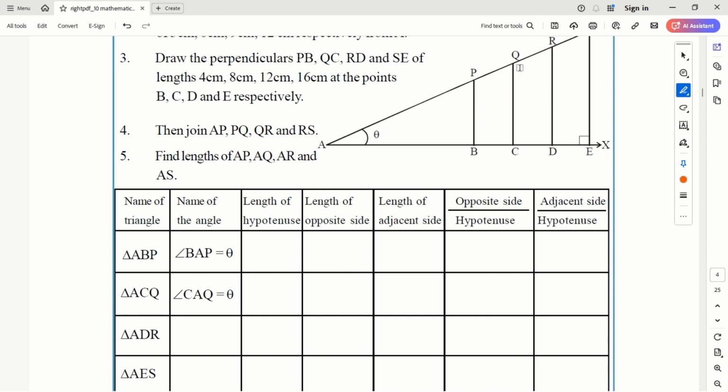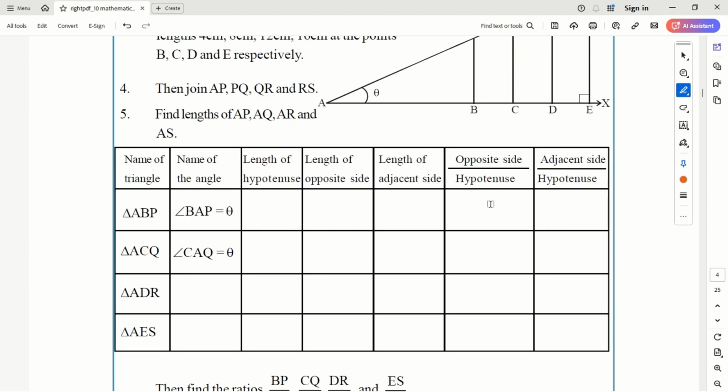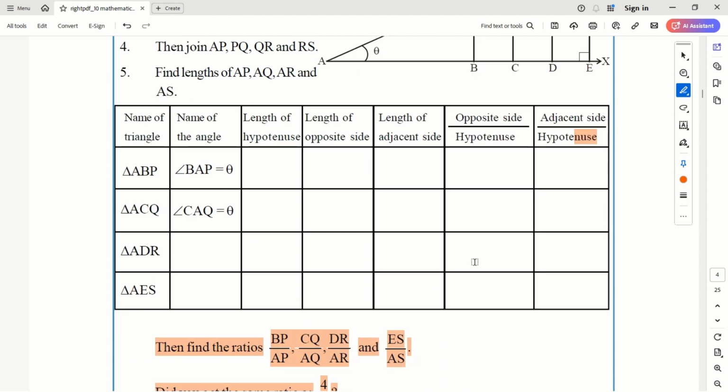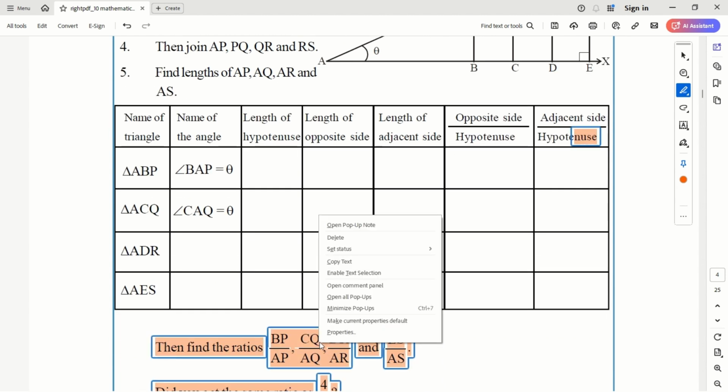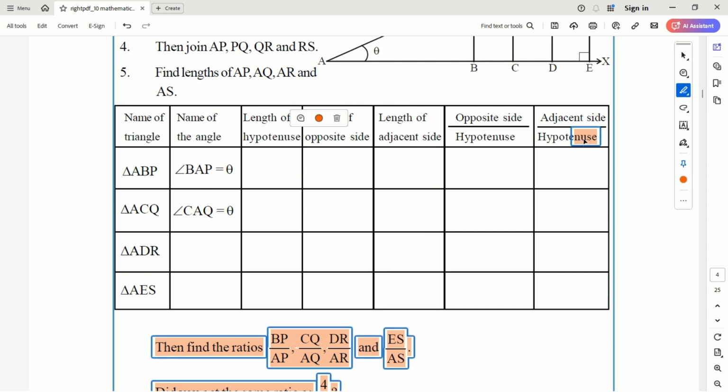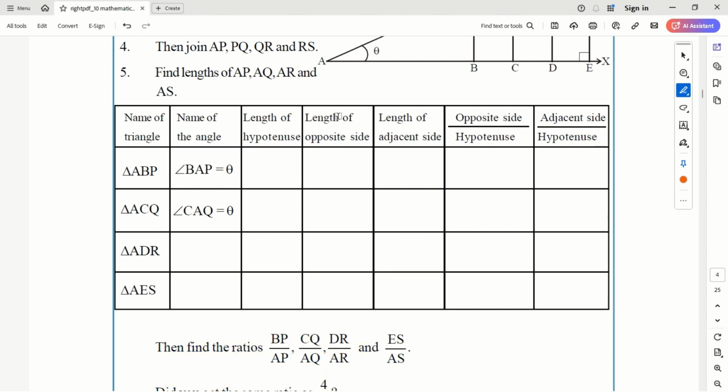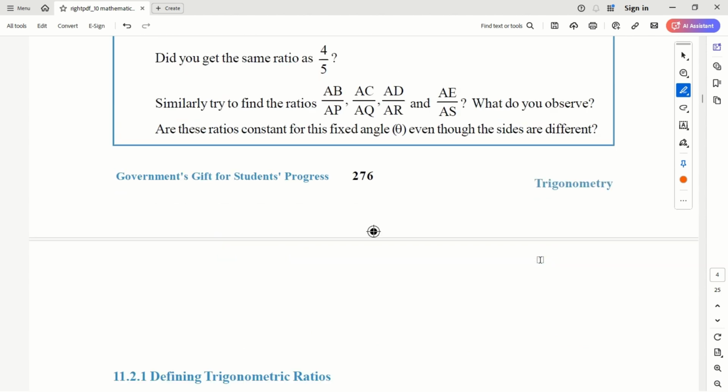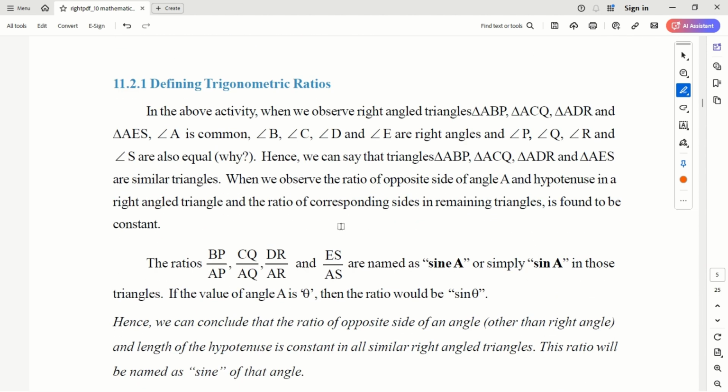QC by AQ will be equal to PB by AP. This is what we are trying to prove with this experiment. So you see that these ratios will be the same. So that's the experiment which we'll do.